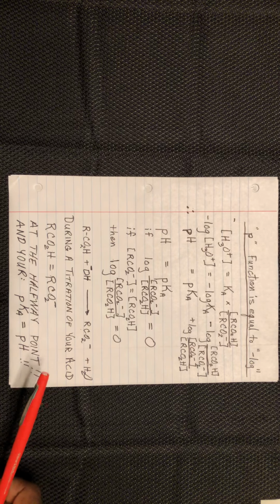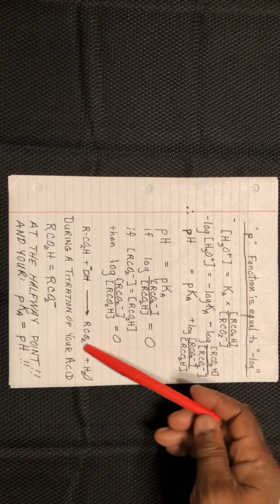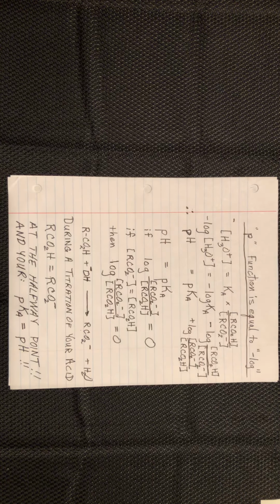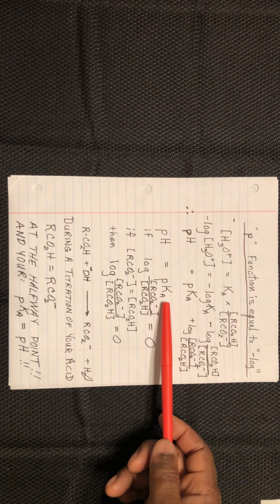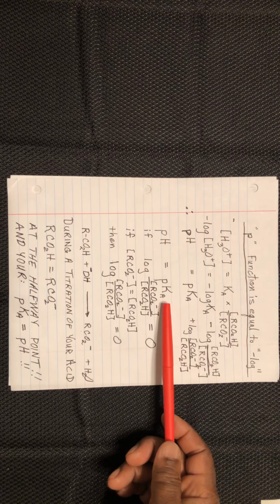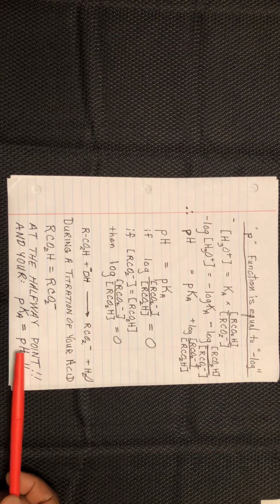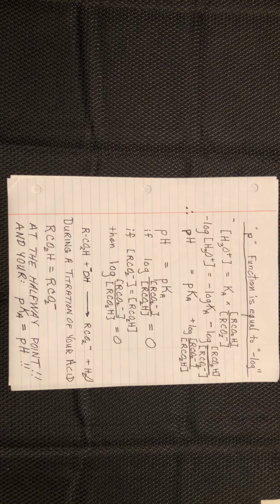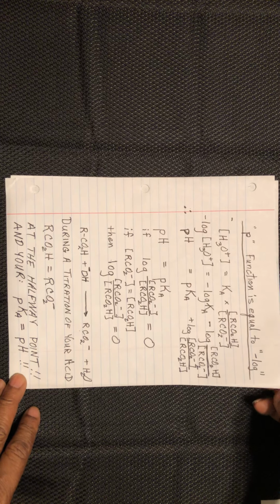So halfway during a titration of your carboxylic acid, these two quantities will be equal, and therefore we would have the occurrence of pH equaling pKa, or the pKa value equaling the pH at halfway during the titration. All right, so now let's look at titration data.